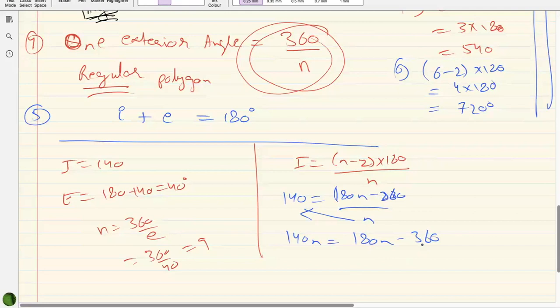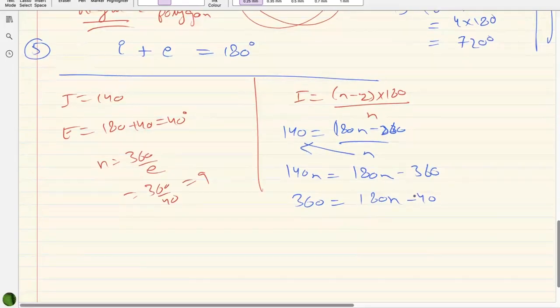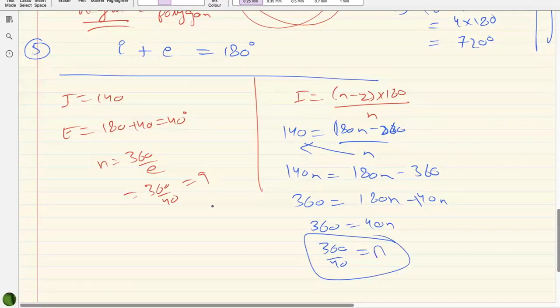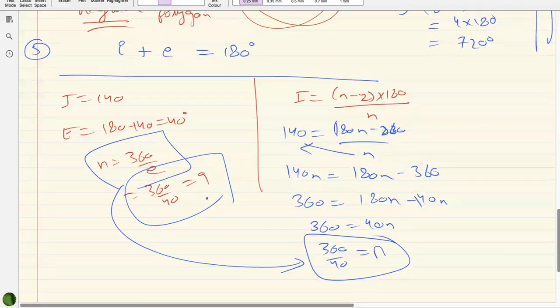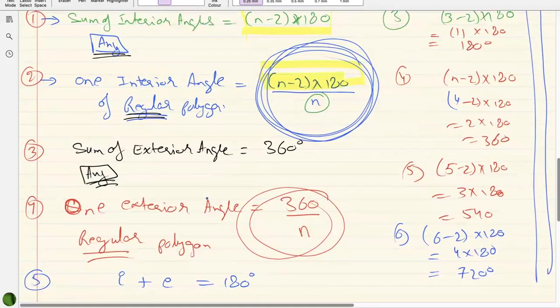When we rearrange, this 360 goes on the other side, 140 comes on this side, and we are left with 360 is equals to 40n. 360 by 40 is equals to n. We get these two same things. That's right.